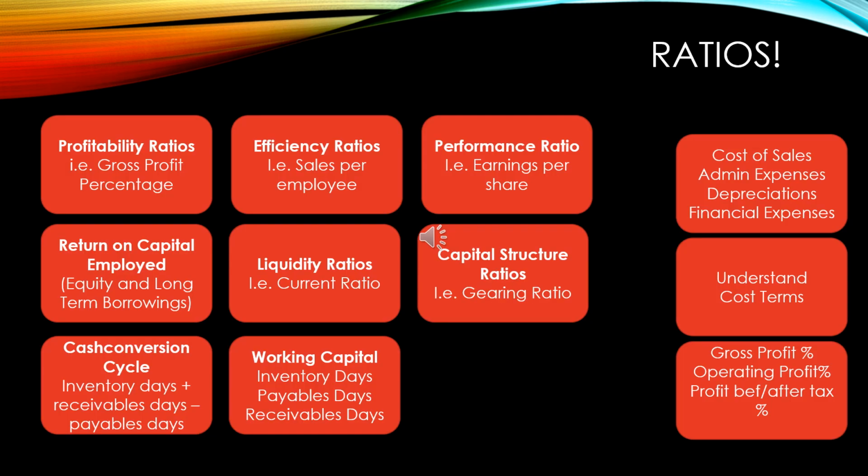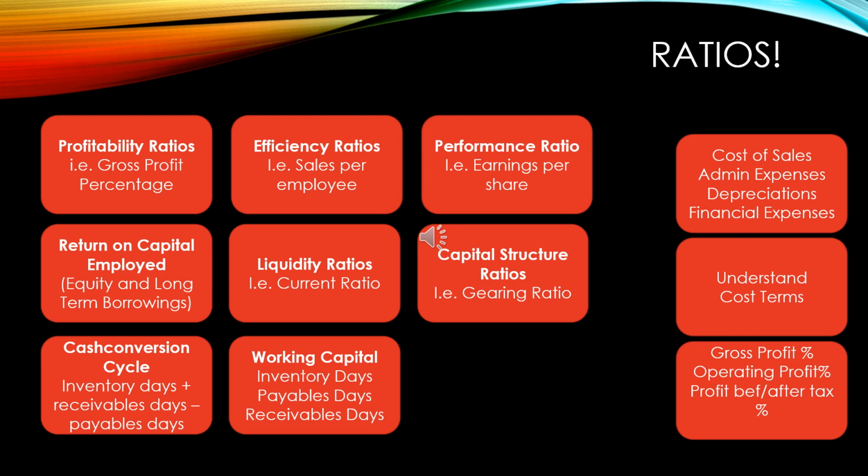Okay, now we're at the last page of this short introduction and repetition. This is related to chapters 6 and 7. These chapters are included in the Excel sheet, where you can find profitability ratios, such as gross profit percentage, operating profit percentage, profit after tax percentage.